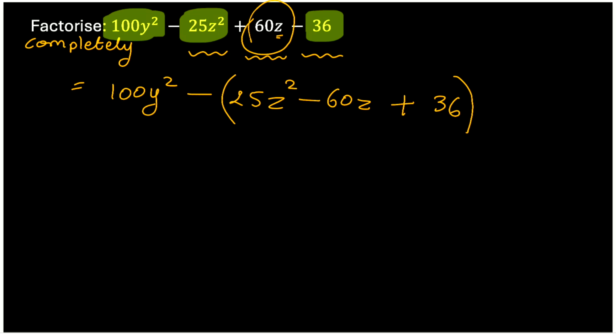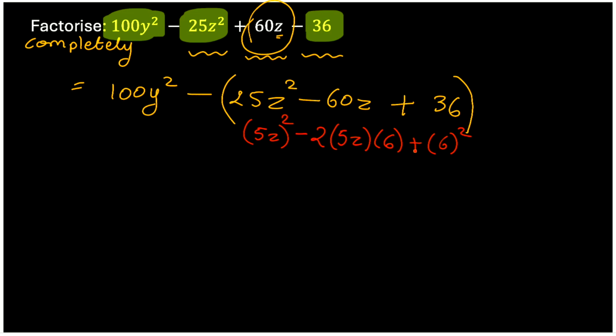Now you see this is a perfect square of 5z and this is a square of 6. So if you have a square, if you have b square, you need 2ab. So 2ab is equal to 60z in this question: 5z into 6 into 2 is 60, and the variable z.